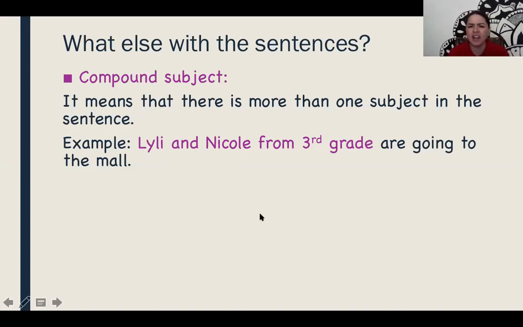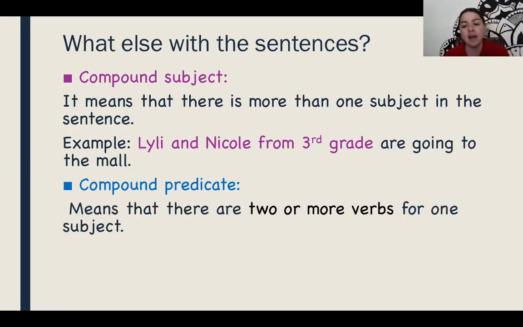Now, what else with the sentences? Some of them have compound predicates too. And if a compound subject means that you have 2 or more subjects, what would the compound predicate mean? Yes, that we have 2 or more verbs for one subject, okay?